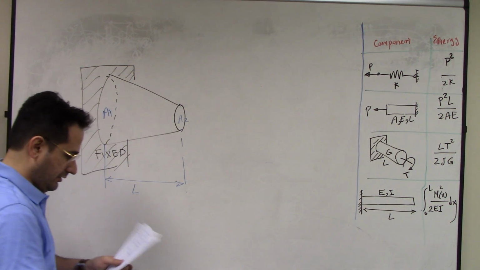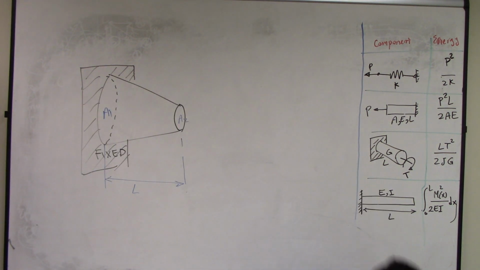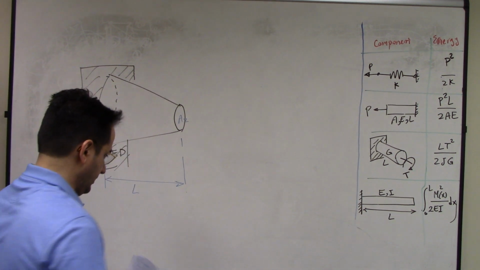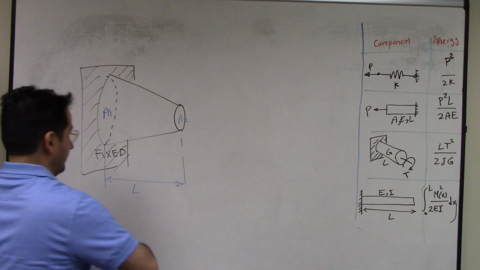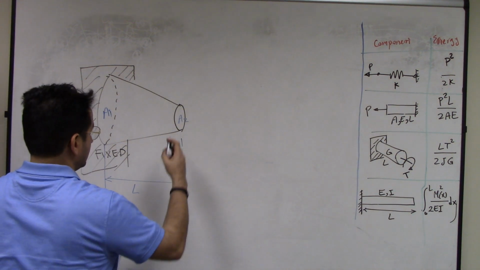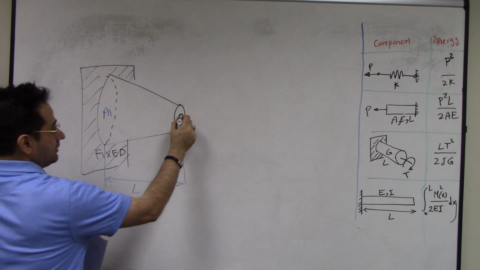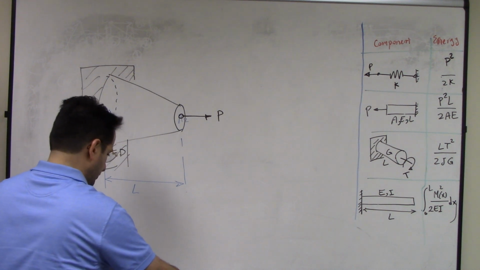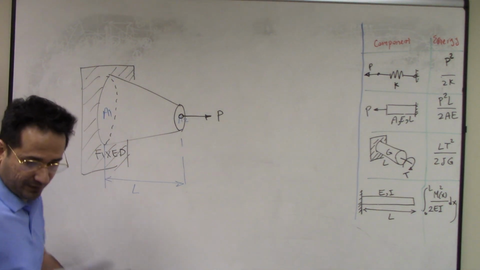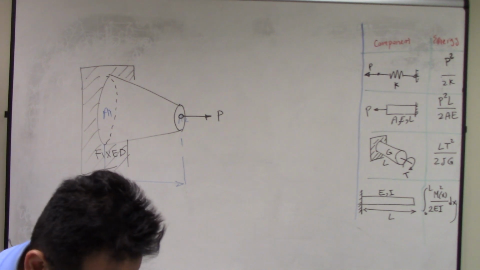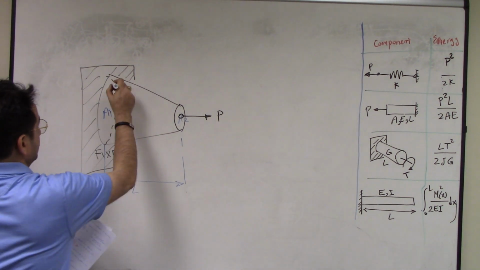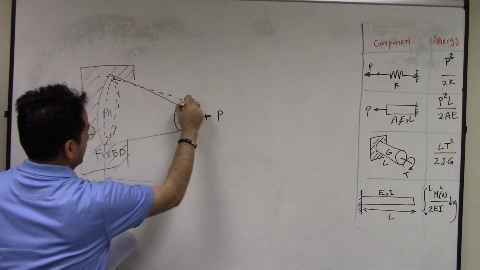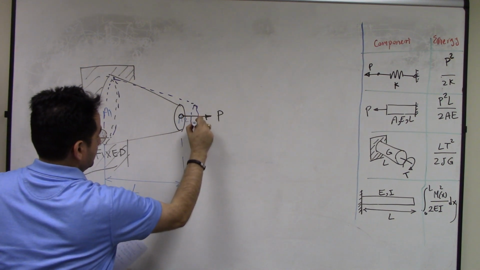Now it says find the deflection at the end of this bar. So if you have a point here and you apply force P, then we want to see how much this deflects. If you graphically want to make a visualization of deformation, it is going to shrink down a little bit and extend like that.